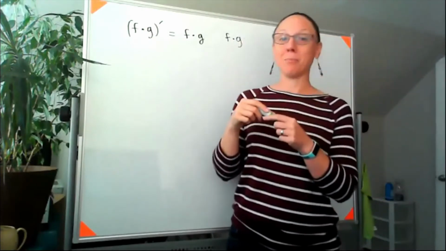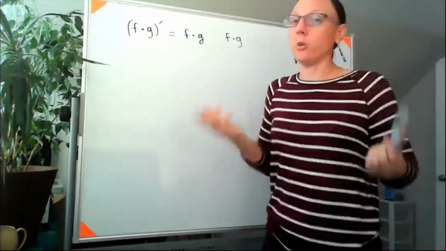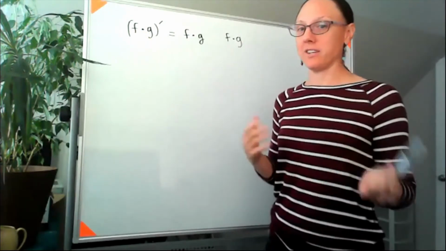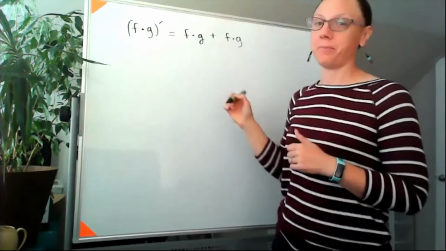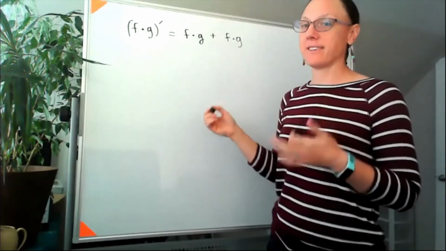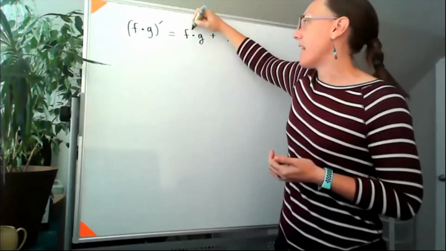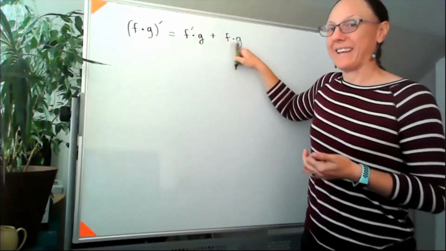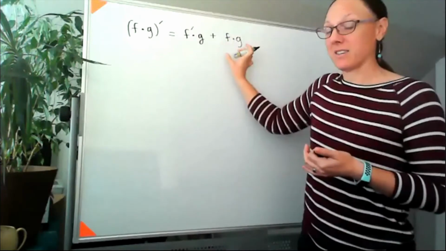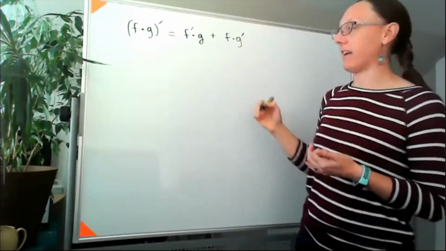Then I'm going to say to myself, because it's multiplication, what usually goes with multiplication, addition or subtraction? Well, it's addition. And then I'm going to chase down the derivative. And what I mean by that is I'm going to take the derivative, but move over one piece when I get to the second piece. So on the second piece, my derivative is going to be on the second letter.